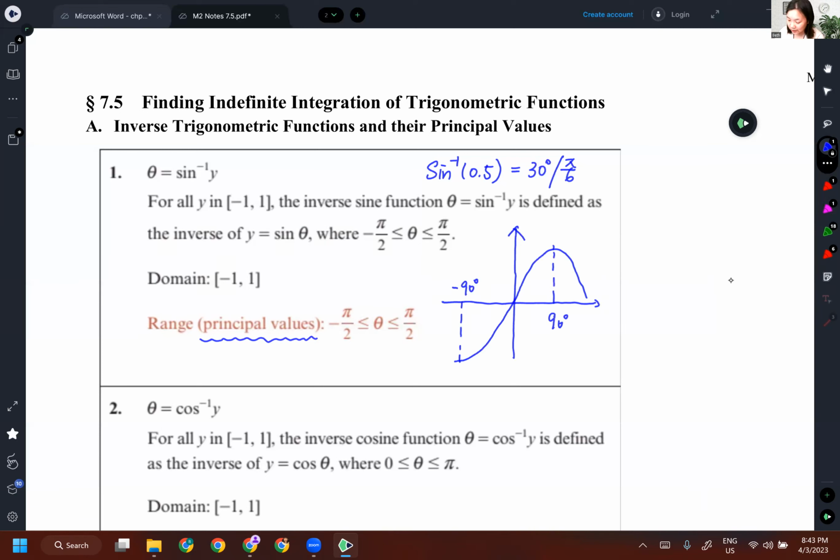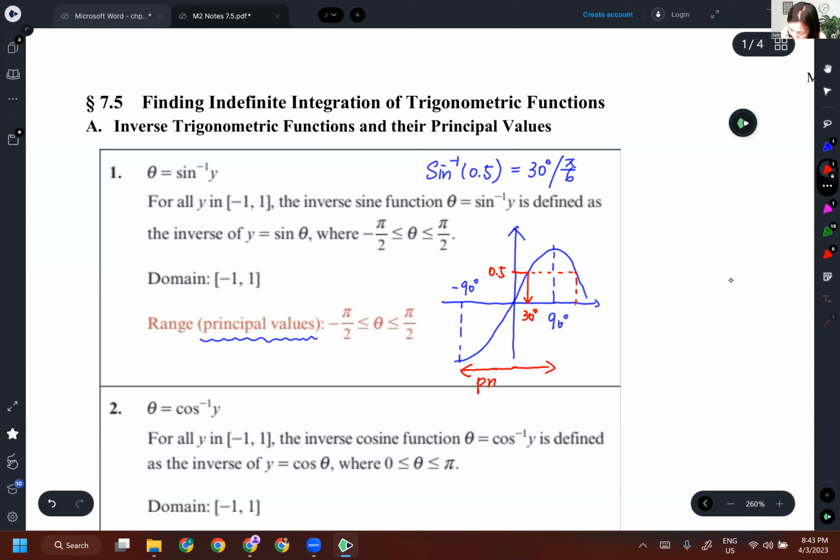Whatever value you put in, let's say I put in 0.5, you're supposed to get this angle, 30 degrees. You're not supposed to get this angle, 150 degrees, because that's not the principal value. The principal value is between negative 90 and 90 degrees.